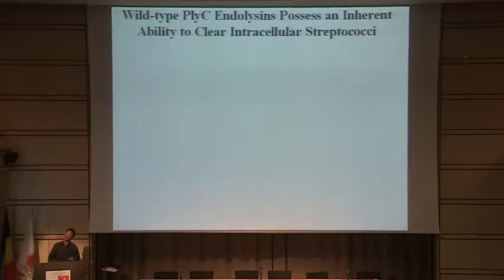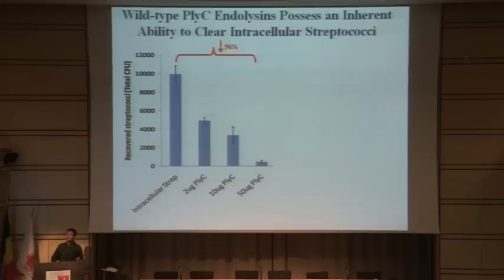Then we investigated more formally by increasing the dose of PlyC to see if this efficacy is dose responsive. The answer is yes. As we increased the PlyC dose, the recovered streptococci decreased, and with the maximum dose of 50 micrograms of PlyC, 96% of the intracellular strep was cleared.